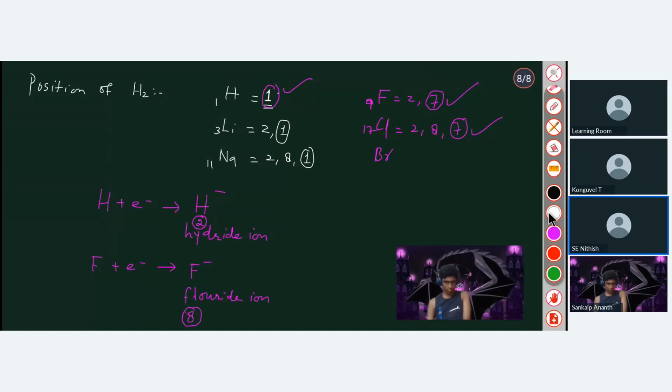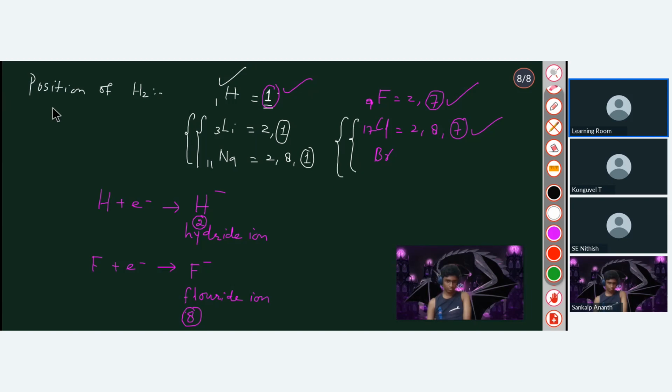Got it? So I didn't understand this question, so I asked my sister. She said its position is anomalous or something like that. Yeah, hydrogen has anomalous position. That's why it resembles the alkali metals, and similarly it resembles the halogens. But along with that, it differs from the alkali metals, for which I have already given you the differences, and it also differs from the halogens.